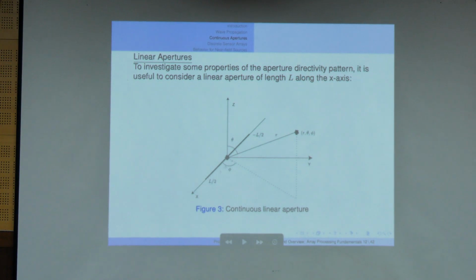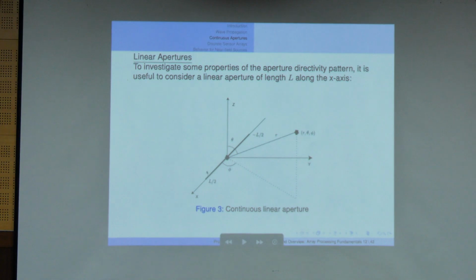The length of the line is L. And it means that this whole line receives any signal that comes from any direction, with direction theta and phi, and a certain frequency. And each point on the aperture translates the wave into electrical signal.